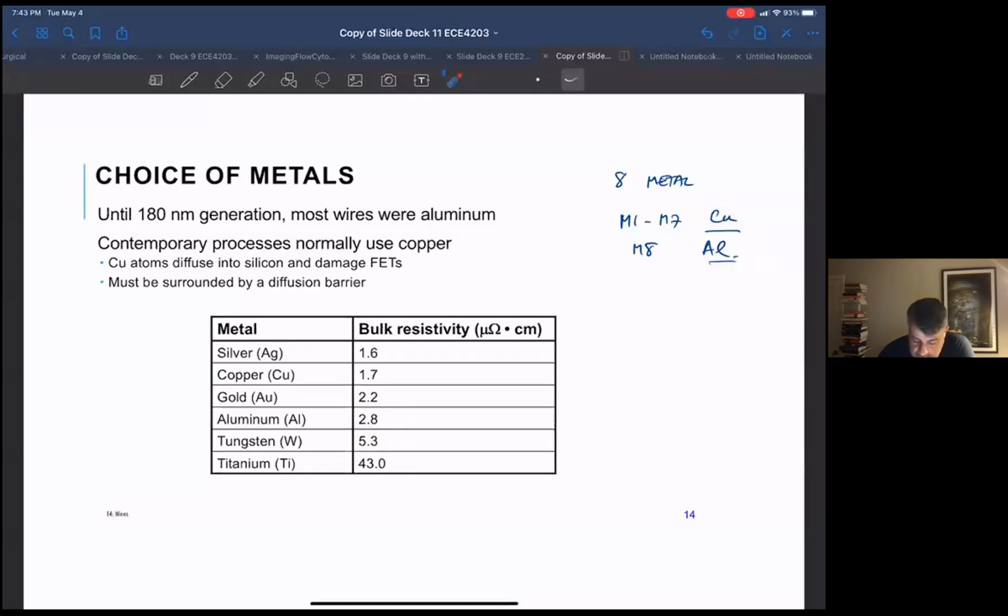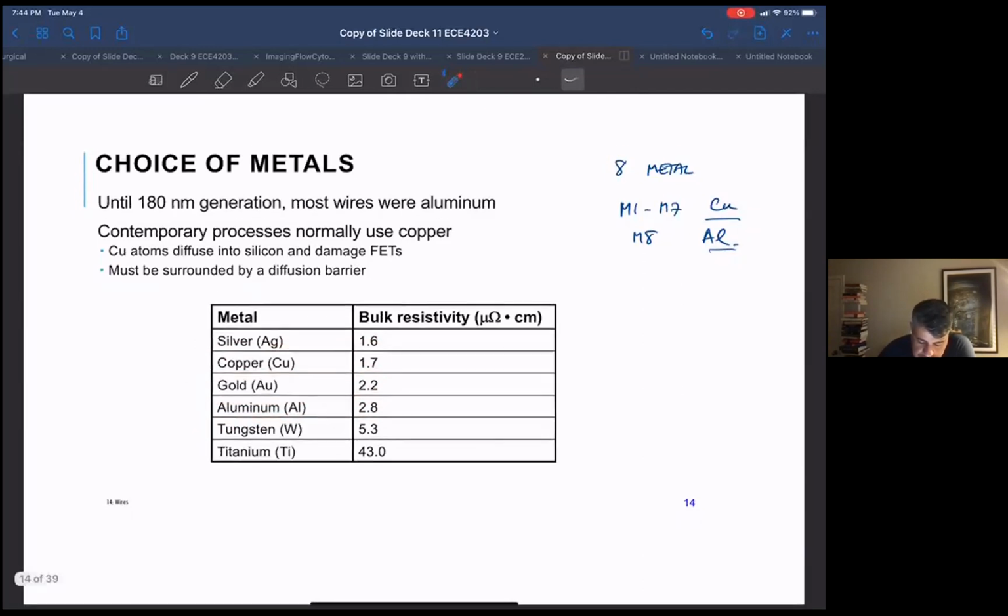The nice thing about aluminum is it does oxidize in air, but the aluminum oxide is an extremely thin layer, so you can break through it very easily when wire bonding. That's not the case for copper. It's kind of an annoying thing.